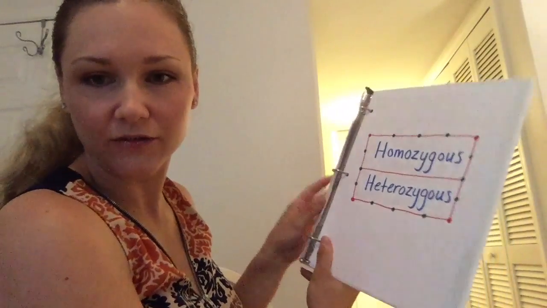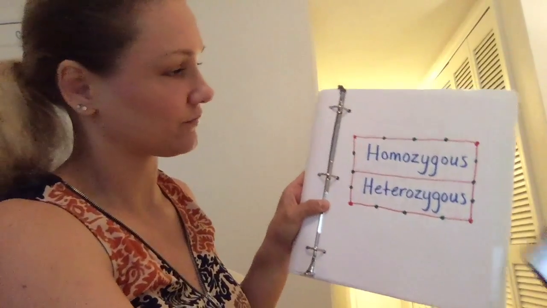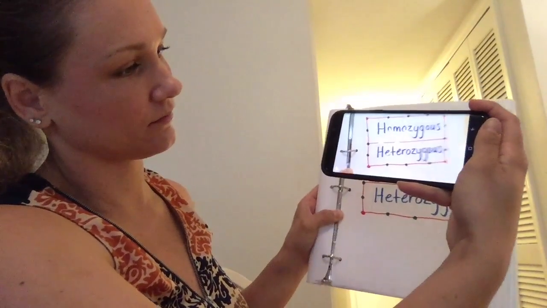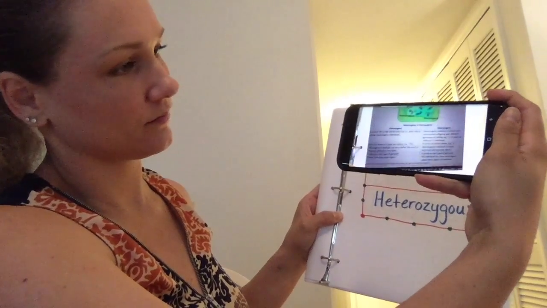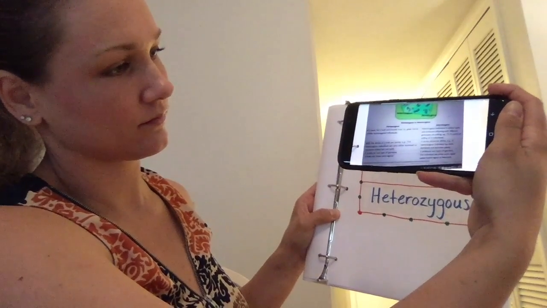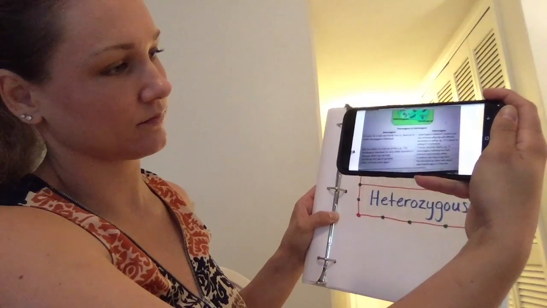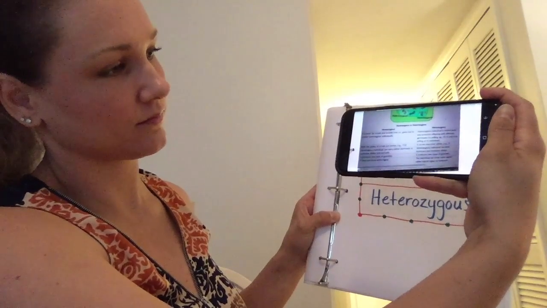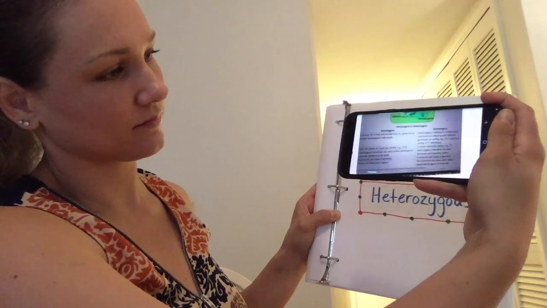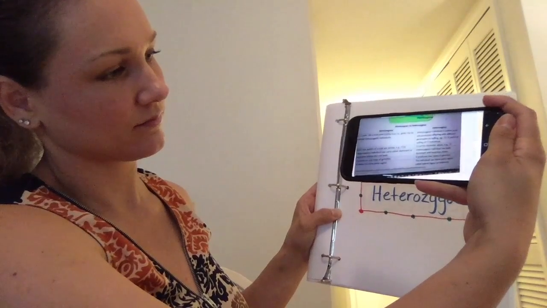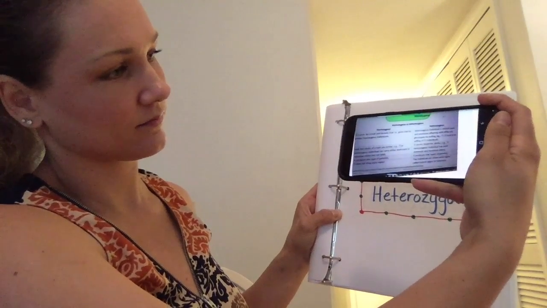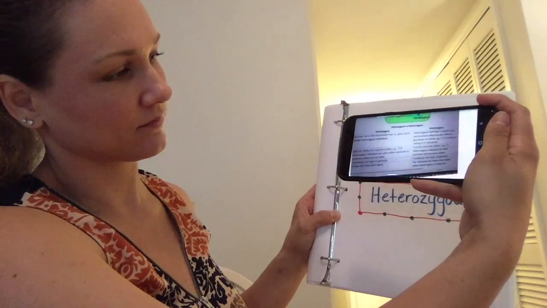Okay, now I've got two definitions on one page. I've got homozygous and heterozygous. Rather than defining homozygous and heterozygous, I thought it might be beneficial to share this chart from www.majordifferences.com, and this chart shows the difference of homozygous and heterozygous.